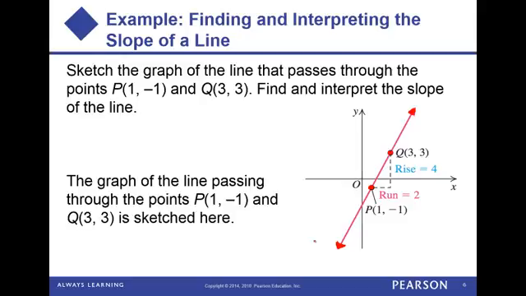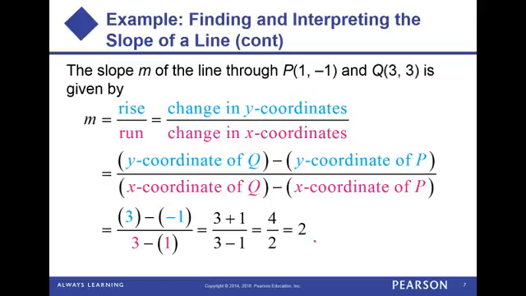All right, and how do we compute the slope of this line? We're going to use our formula, rise over run, and again it's the change in the y coordinates over the change in the x coordinates. And really all you have to designate is which one's your first point and which one's your second point. So if we designate P to be our first point, this is x1, this is y1, this is x2, y2.